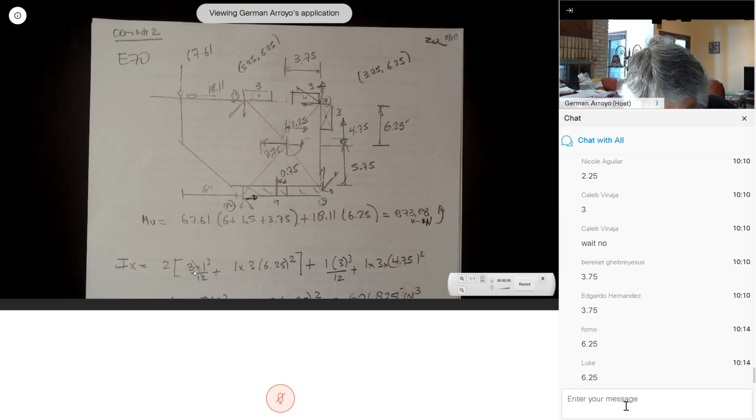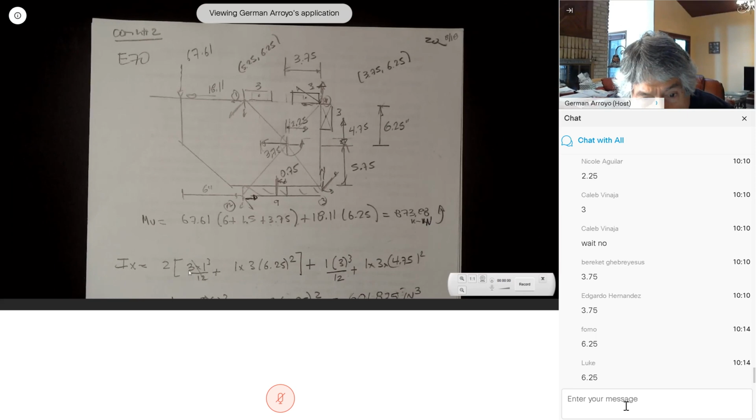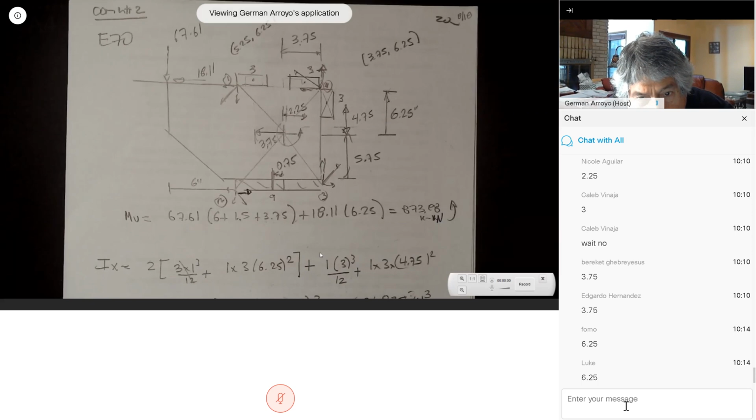Every time that the 1 is to the cube, we're going to throw it away. What is large is the area times distance squared: 1 times 3 times this distance, 6.25 squared. Plus now I have this area, the base 1 times 3 cubed over 12, plus the area, 1 times 3, times distance squared, 4.75 squared. I had taken care of those two areas and this area.